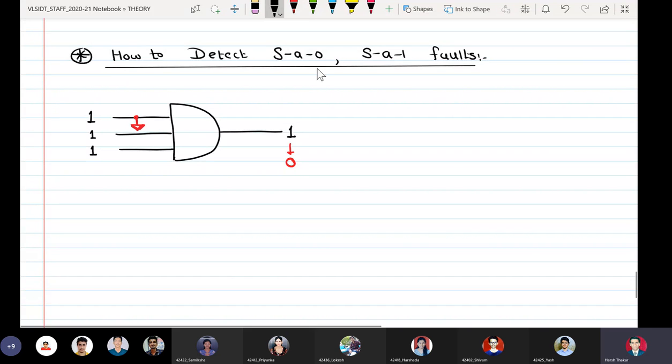Similarly, if I want to detect a stuck at 1 fault for the same AND gate, what I do is, again, this is the output.